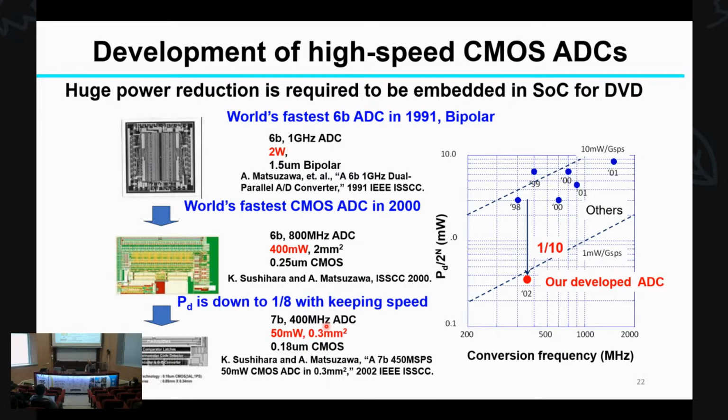So we need a lower power ADC, such as less than 50 milliwatts. And we can realize this ADC, which consumes 50 milliwatts. This is the conversion frequency, and this is the normalized conversion energy. So we developed an ADC with ten times lower energy compared to others.